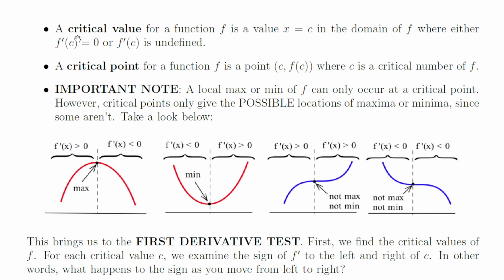That brings us to a critical value. What is a critical value? I think in college algebra we briefly covered this, but it could be a couple of different places. So it's really where the derivative of our function equals 0, or the derivative is undefined at a particular point.